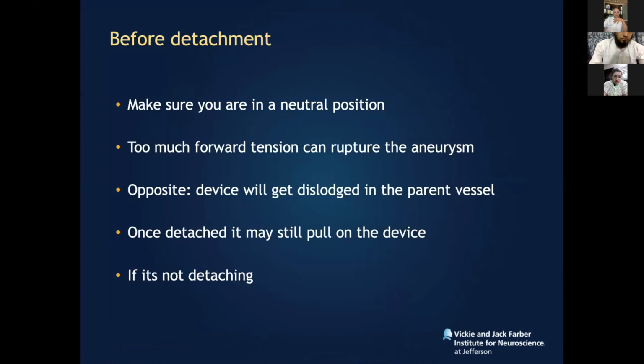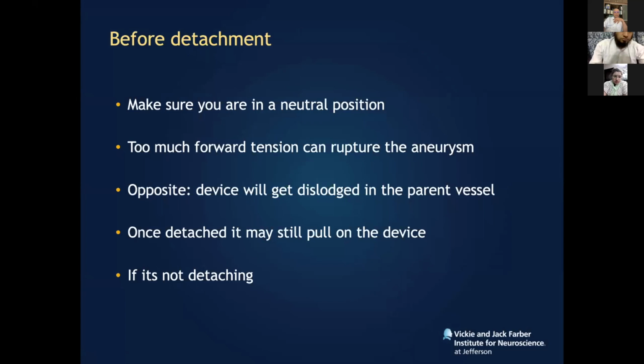So before detachment of a web, it's very important to make sure that you are in a neutral position, because if you are too much forward, it can jump and rupture the aneurysm. If you're pulling on it, it can go in the parent vessel and can be dislodged. Once it's detached, be careful, if it's still touching and you pull back, even if it's detached, it can still move the web device.